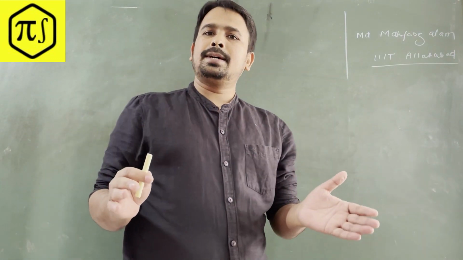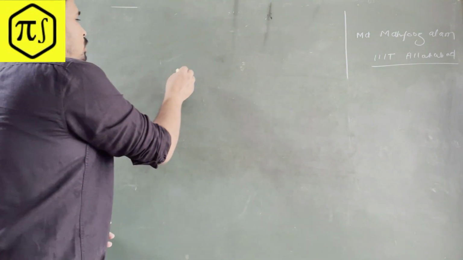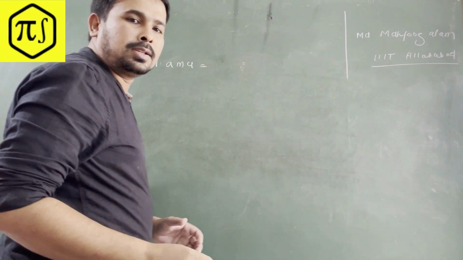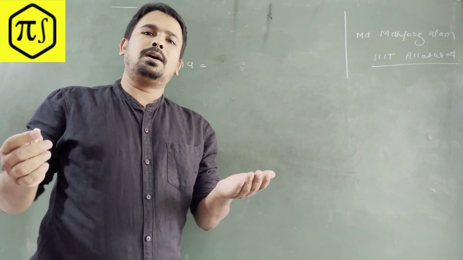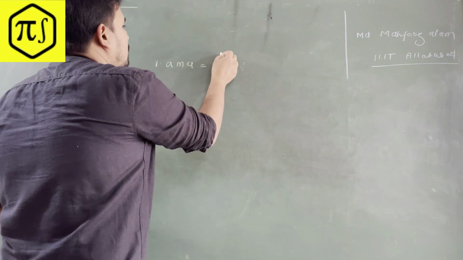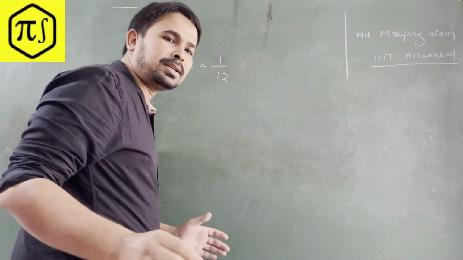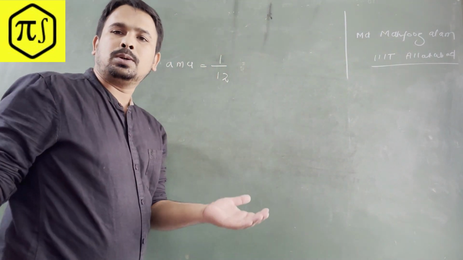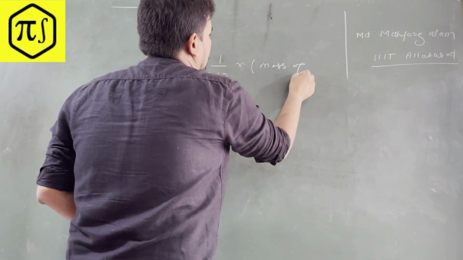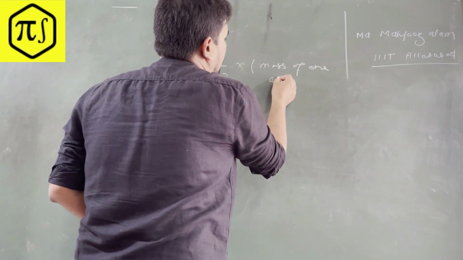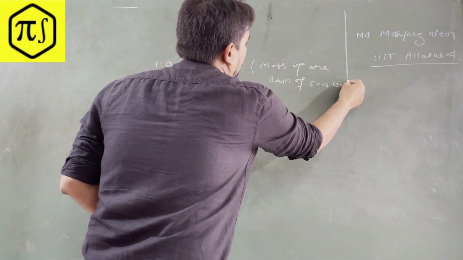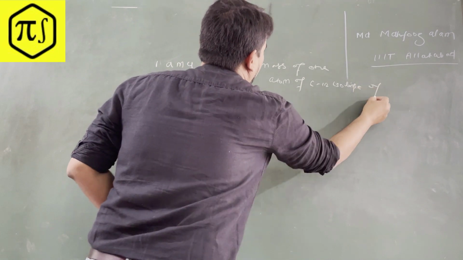Okay, so let's see here AMU. Everyone knows AMU: 1 by 12th the mass of one atom of the C12 carbon isotope. We'll convert the same thing into mathematics. So 1 by 12 into the mass of one atom of C12 isotope of carbon.